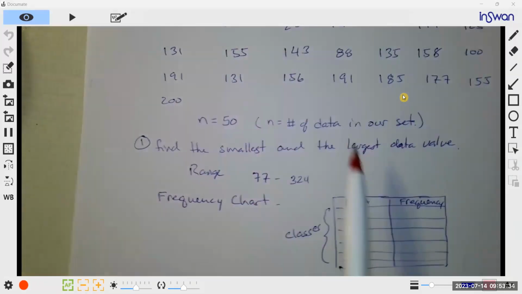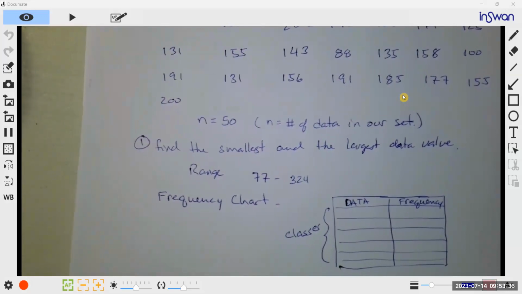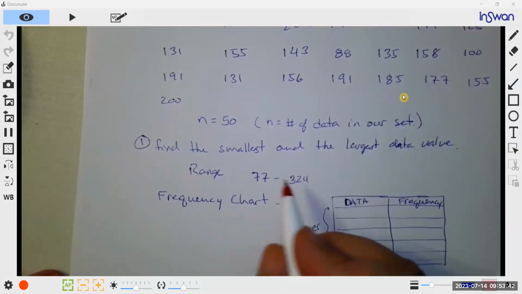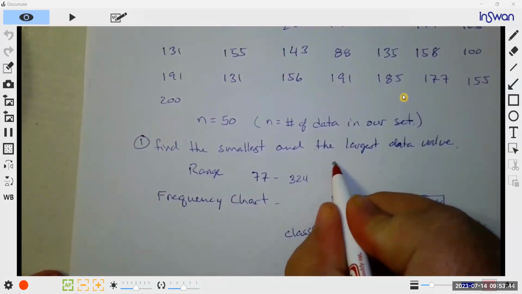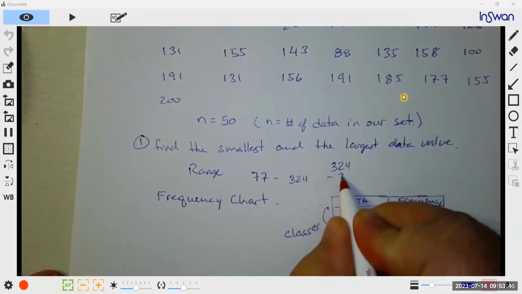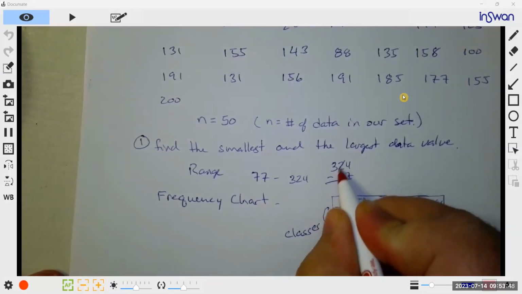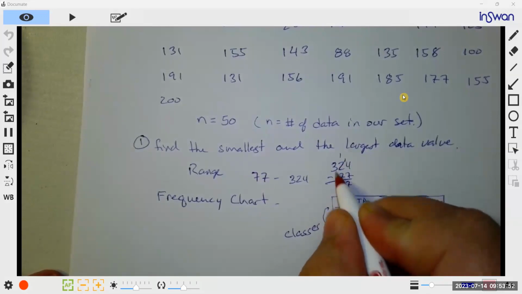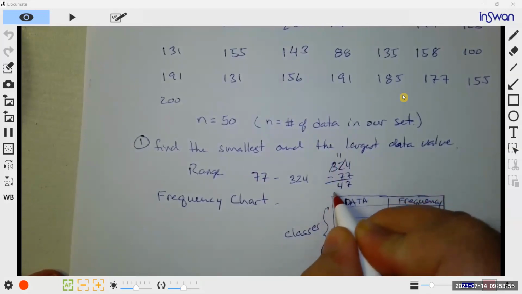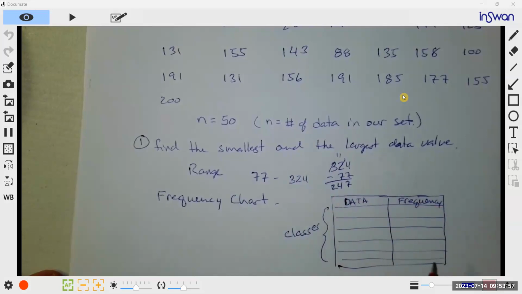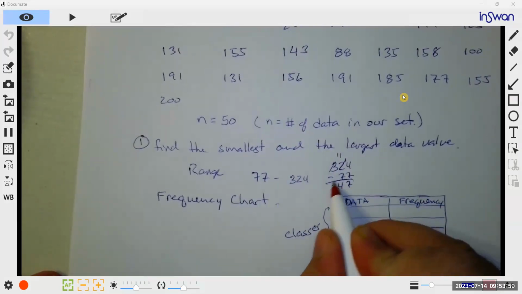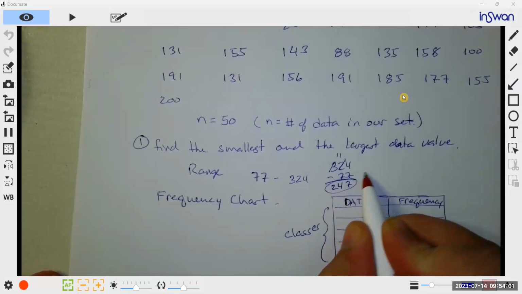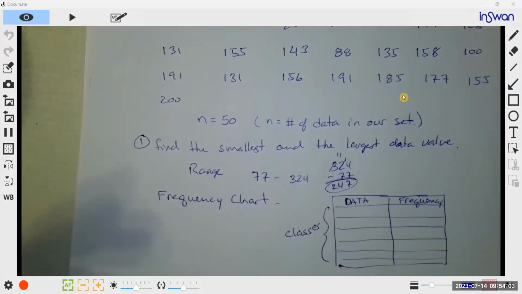But with ours, it's going to be very difficult since we have a very wide range. Let's see how far that is. We take 324 minus 77, which is 247. Let's go ahead and round that up to make nice numbers.